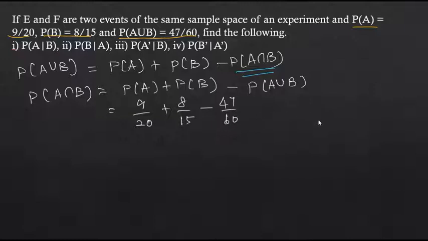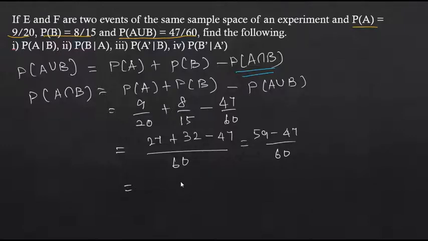Now we need to find the LCM, which is 60. 3 times 9 is 27, plus 4 times 8 is 32, minus 47, divided by 60.